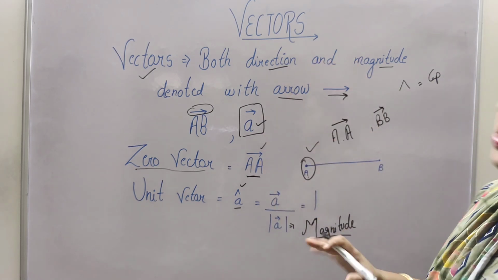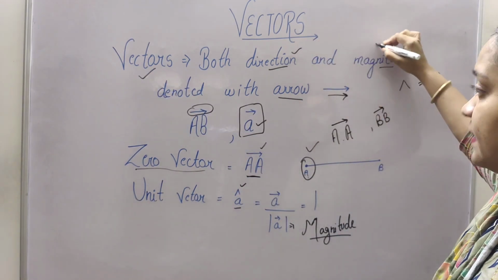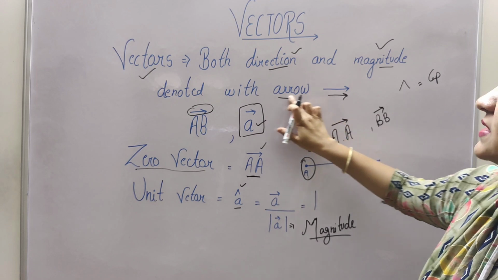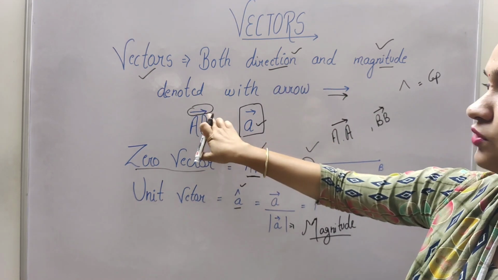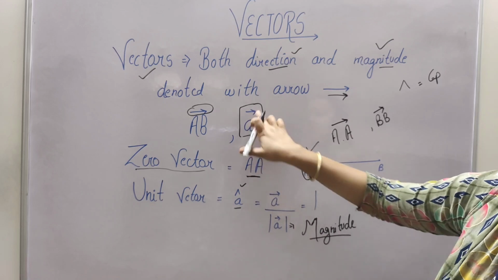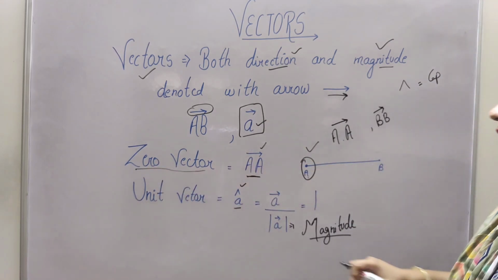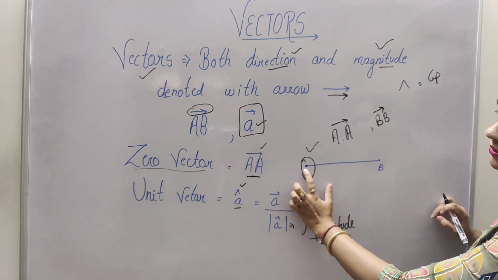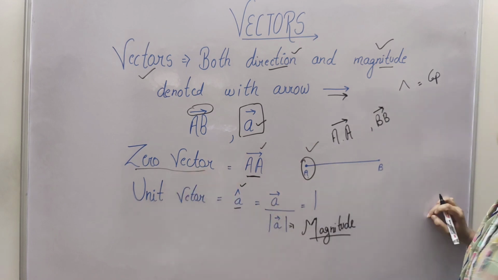Now just recapping all that: a vector has both direction and magnitude and is denoted by a sign which is known as an arrow. A and B vectors are denoted by an arrow. What is a zero vector? A vector which is defined on a single point like a to a, b to b is known as a zero vector.